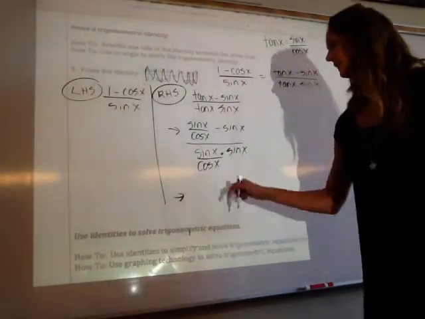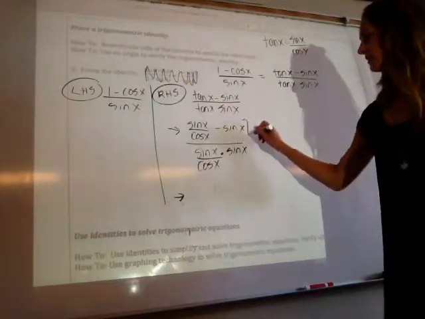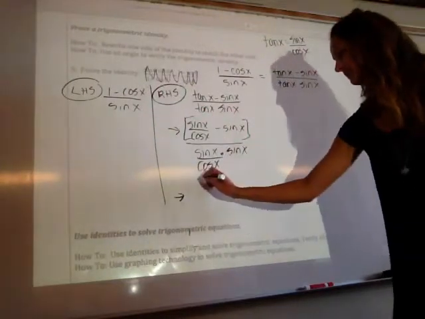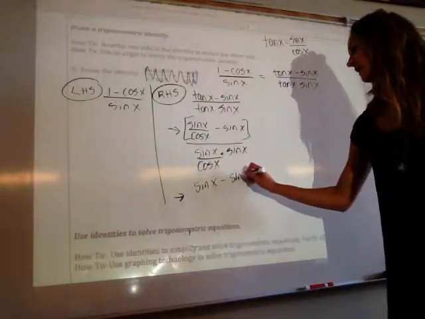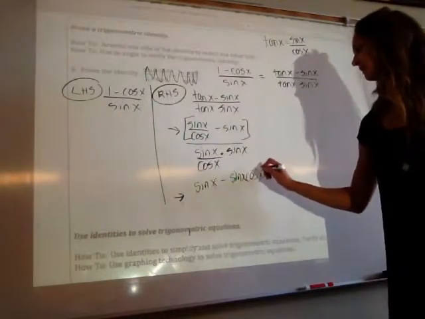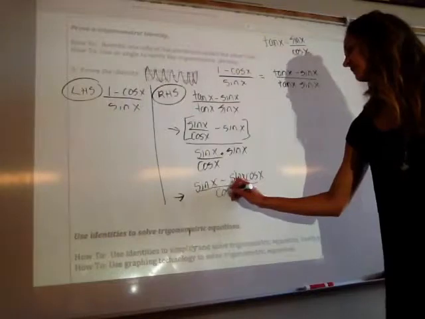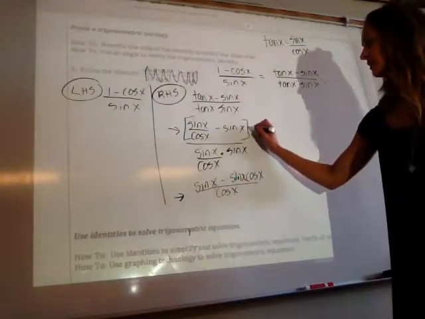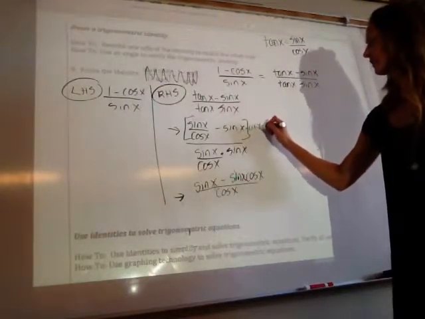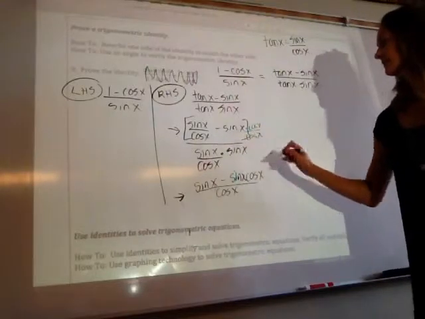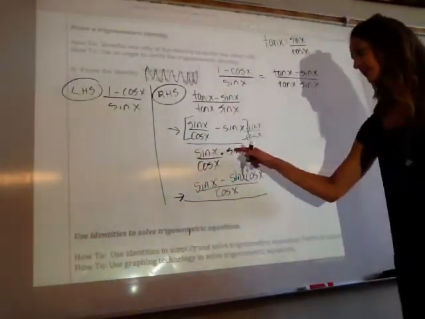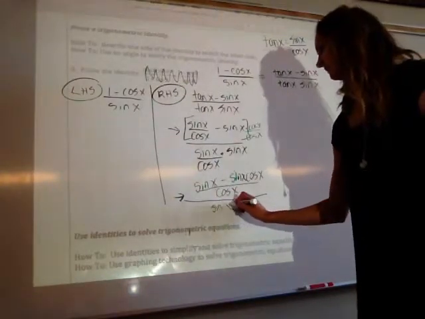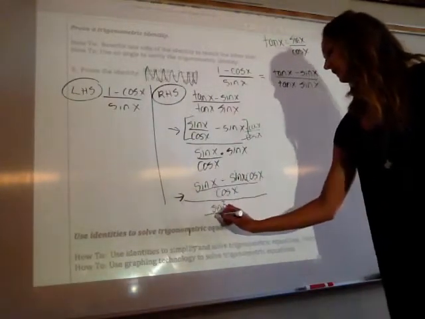Next up, we need to get a common denominator in this numerator. So I have sine x minus sine x cosine x all over cosine x. Okay, I just multiplied this term by cosine x over cosine x. All over, in the denominator, sine x times sine x is sine x squared over cosine x.